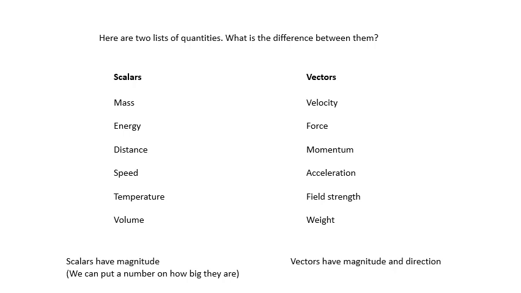So a velocity of 7 meters per second north, a force of 100 newtons upwards, a momentum of 30 kilogram meters per second in the x direction, an acceleration of 9.8 meters per second downwards. They have direction. You couldn't say a mass of 20 kilograms upwards. That would just be nonsense. You know, a temperature of 30 degrees east is just daft. Scalars have magnitude, vectors have magnitude and direction.